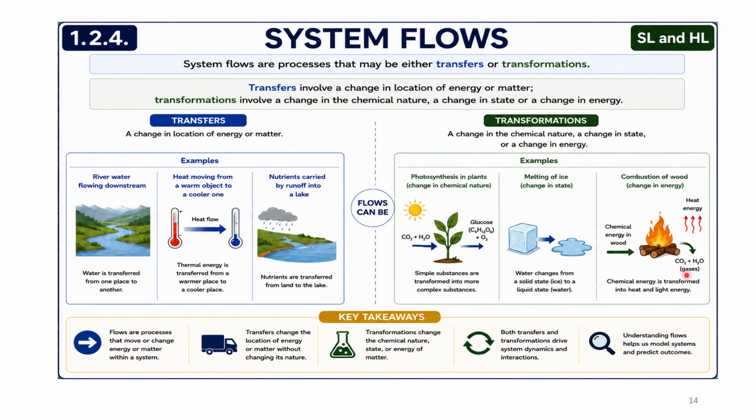Understanding the difference between transfers and transformations is essential because both drive system functioning. Transfers connect components, while transformations create new forms of matter or energy. Together, they explain how environmental systems operate, respond to change, and maintain dynamic interactions within ecosystems and human-managed systems.